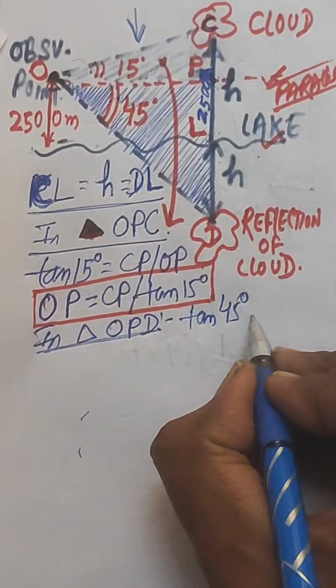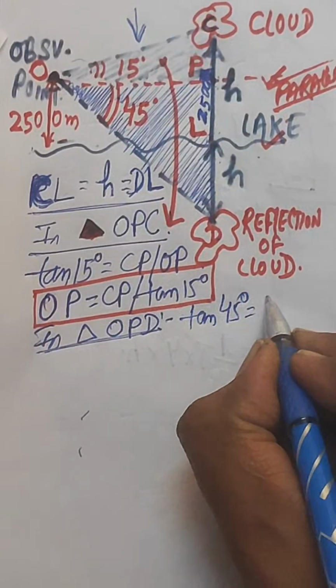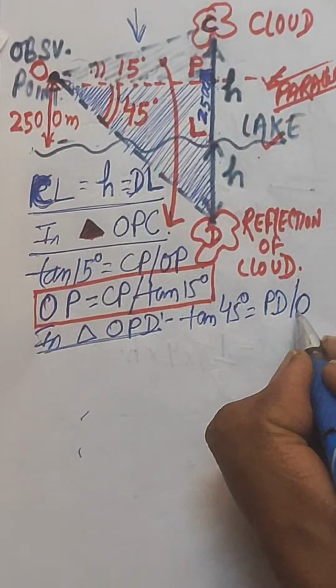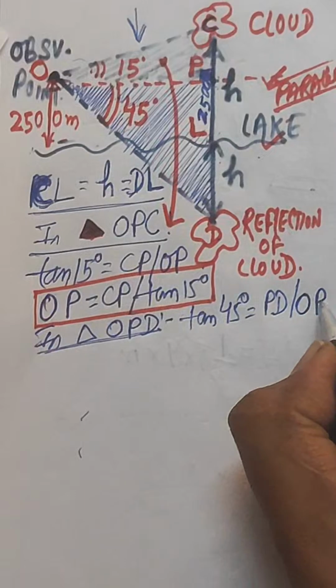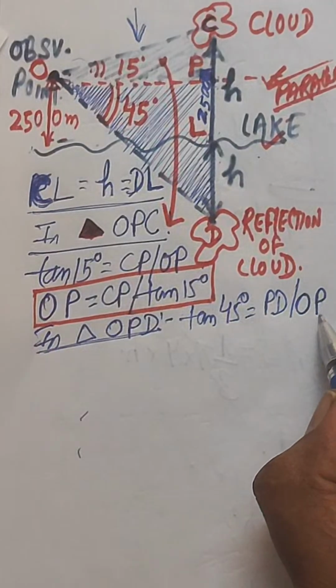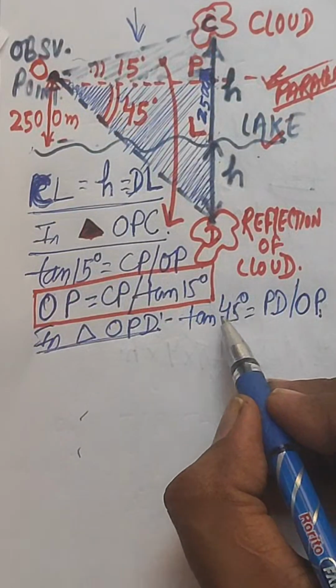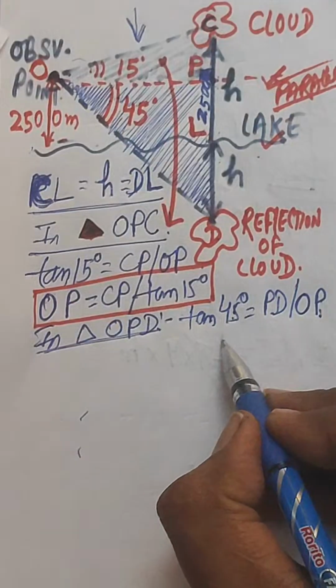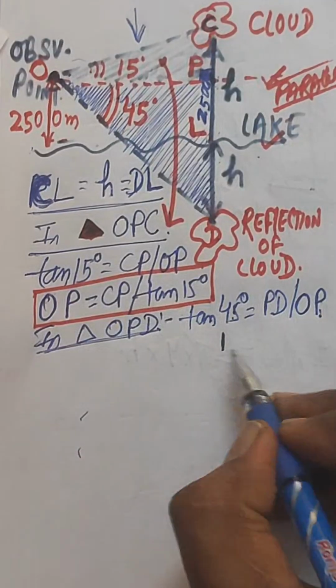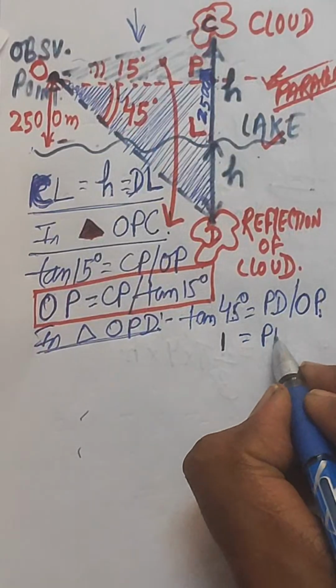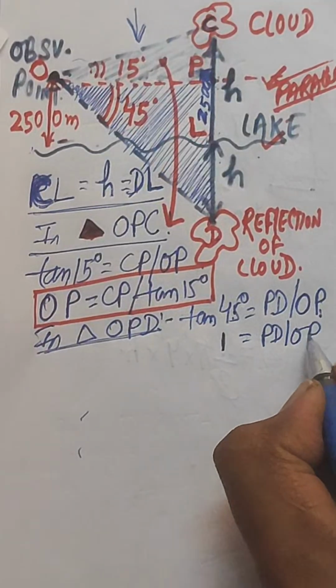Tan of 45 degree is nothing but PD by OP. So from here we can see if tan 45 is 1, we know it, then PD by OP is equal to 1.